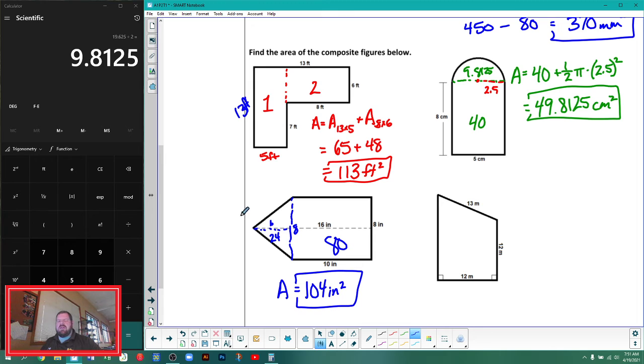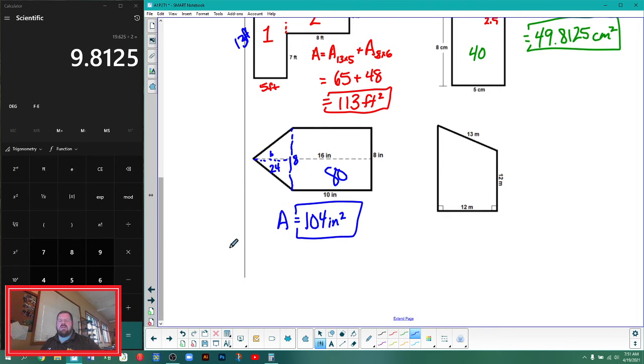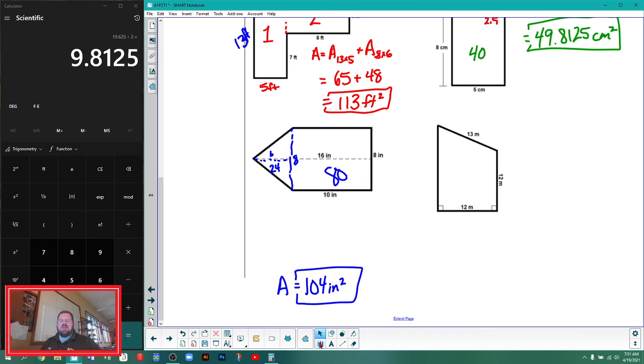So notice I didn't really write any work there, but it wasn't too bad. If I really wanted to, I could say that it comes from 8 times 10 plus 1/2, 8 times 6. Okay? And that would get me the information that I need.